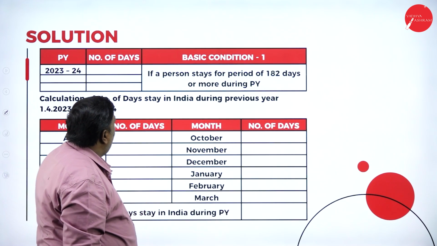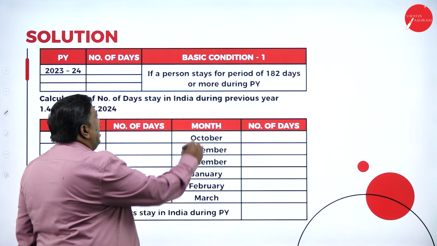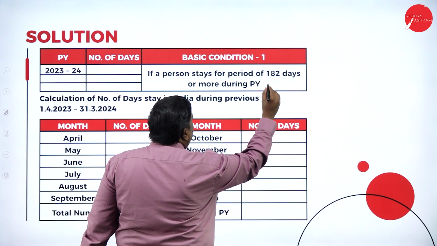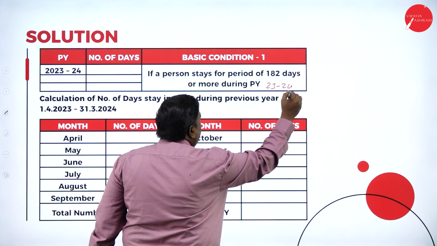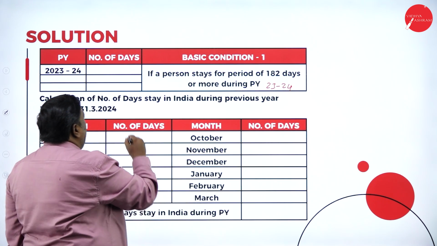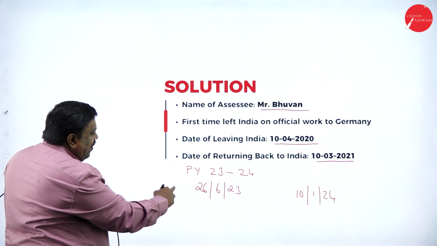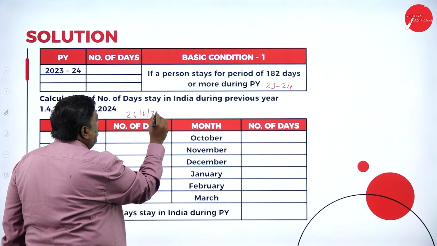Now, what is the condition we have? Basic condition, first one. If a person stays for a period of 180 days or more during previous year, that is 2023-24. I left India on 26th June 2023.